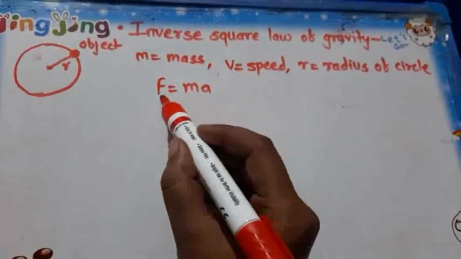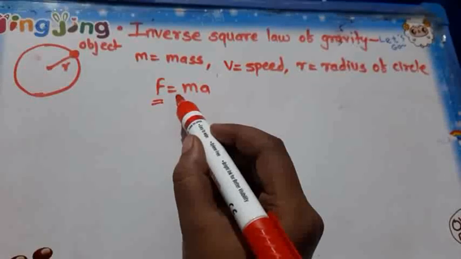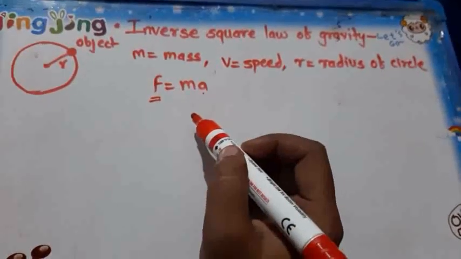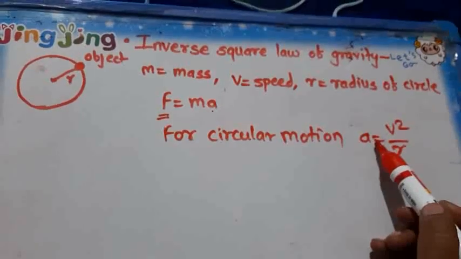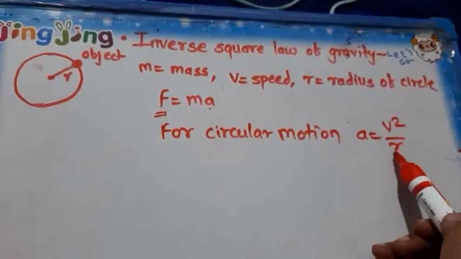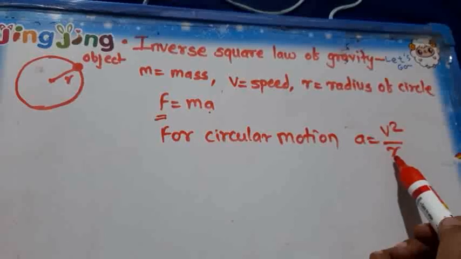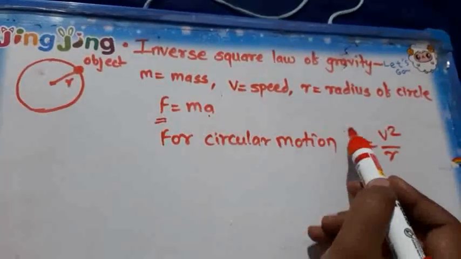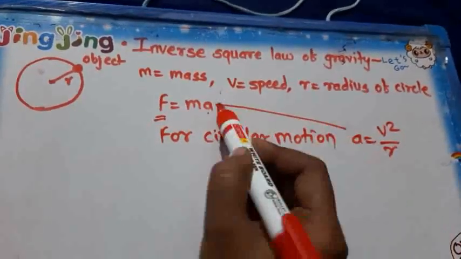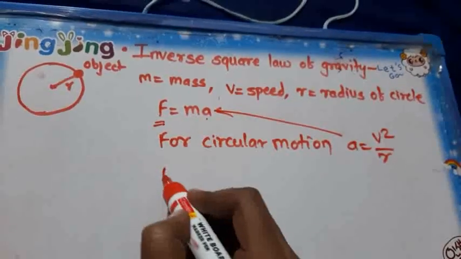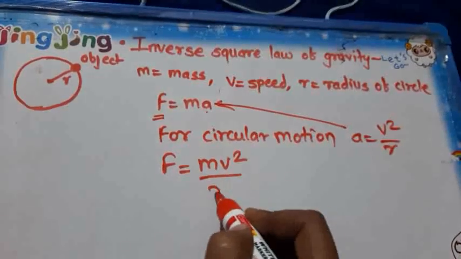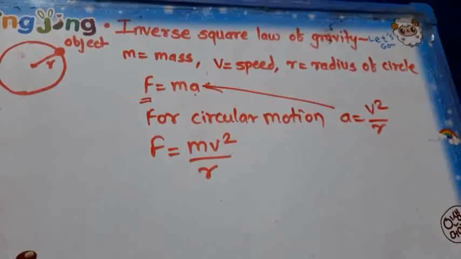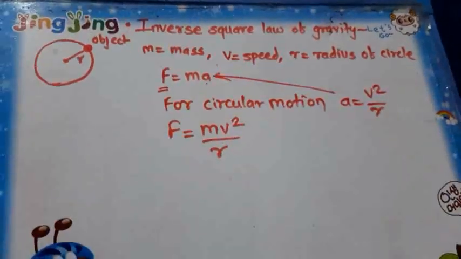Now we know that force F is mass times acceleration. For circular motion, acceleration is given by v square by r, that is speed square divided by radius. So this equation will become F is equal to m v square by r. This is for an object.